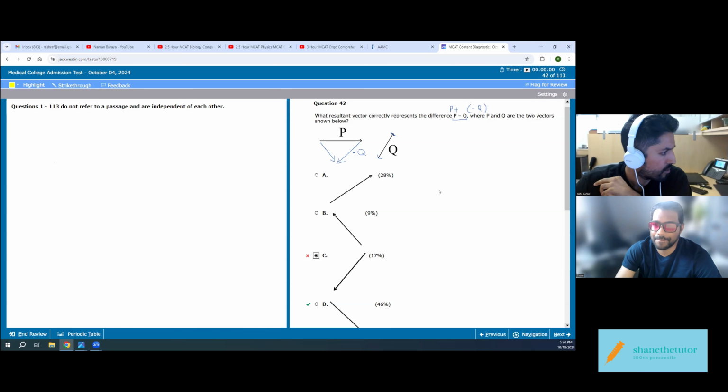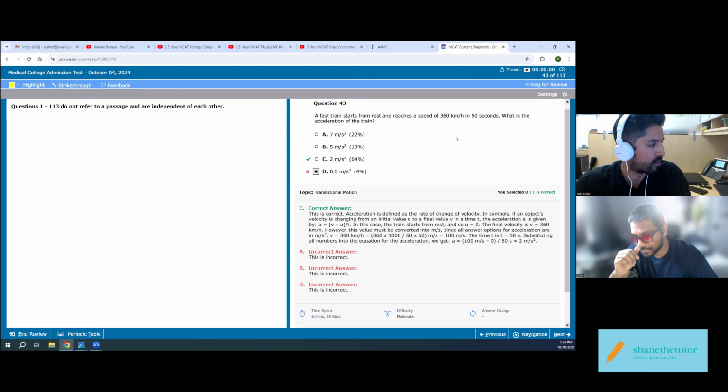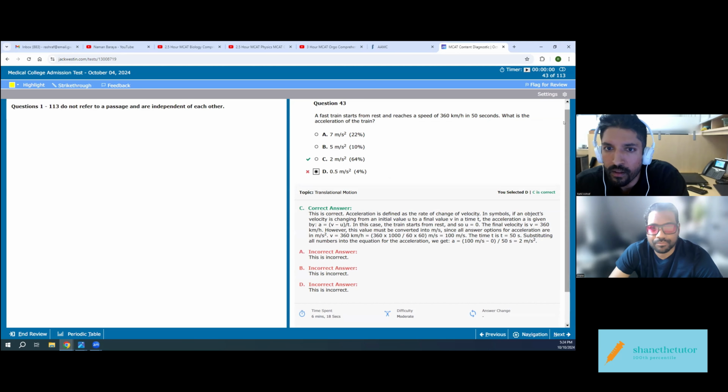Oh, wait, is that 43? Sorry, yeah, 43. So for calculation problems, maybe you start off by taking an inventory of what values they give you, and then you can figure out things from there.